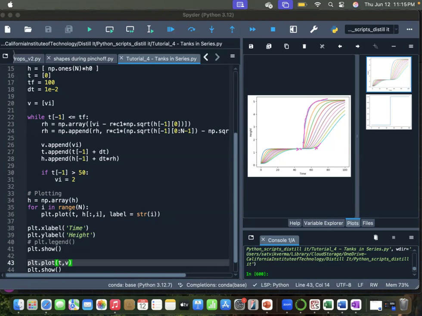So over here, let's say if we want to assess how the height of the last tank would change depending on the change in the initial flow rate, we would develop what is called a transfer function which relates the height of the last tank to the inlet flow rate, right?